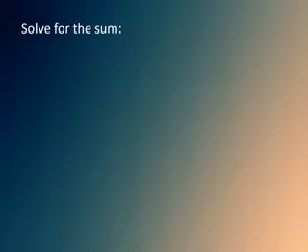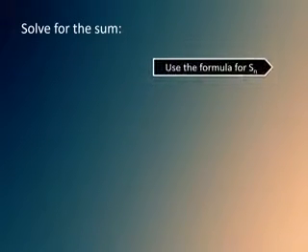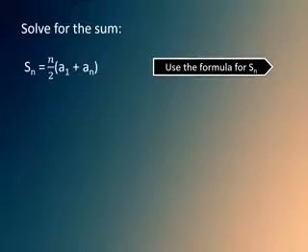We can now solve for the sum of the terms of the arithmetic sequence. To solve for the sum, we use the formula for S sub n, where S sub n is equal to n over 2 times the quantity a sub 1 plus a sub n.